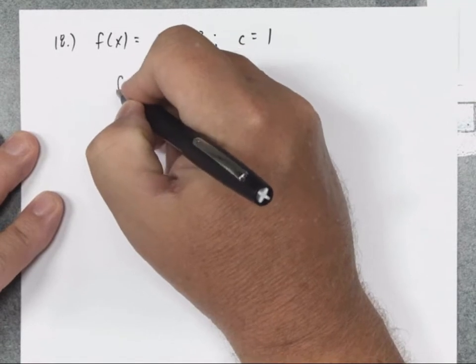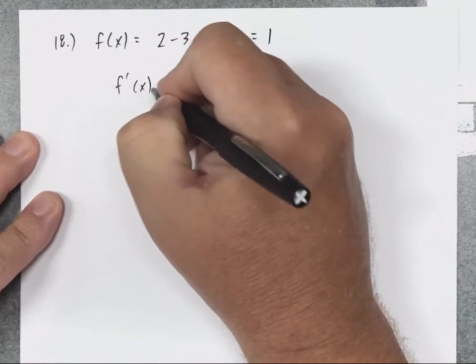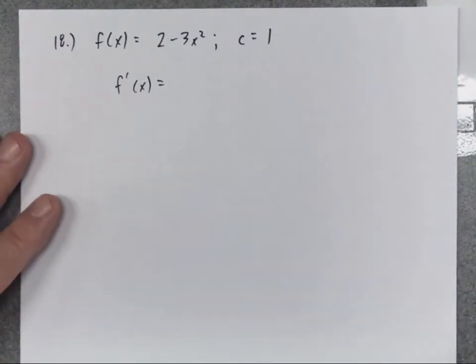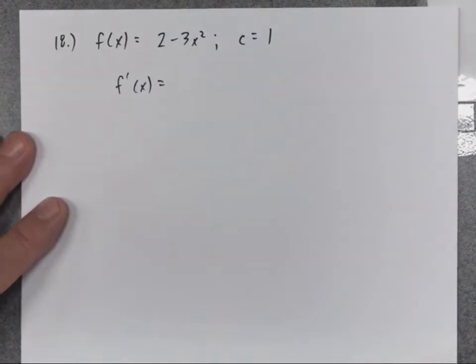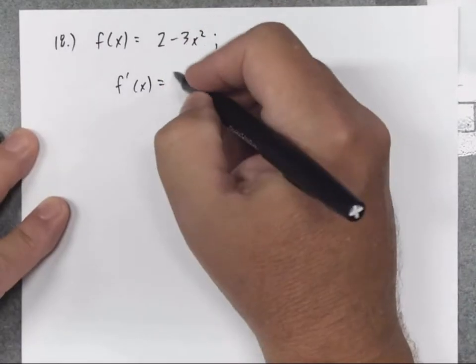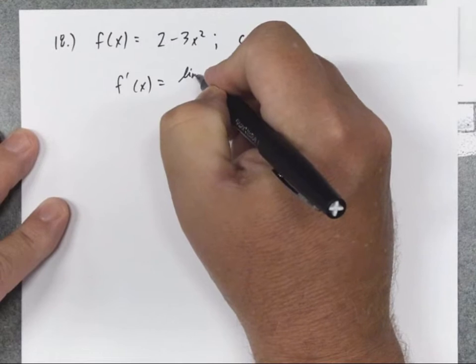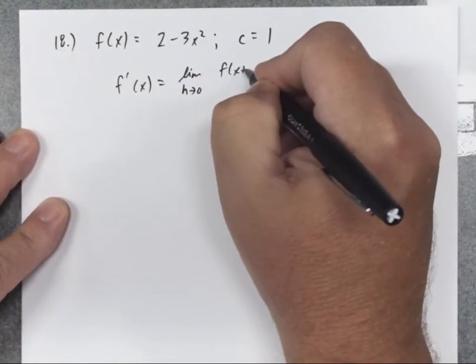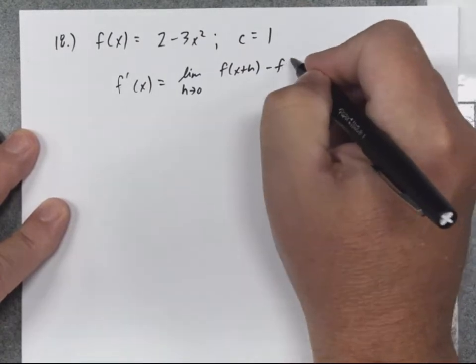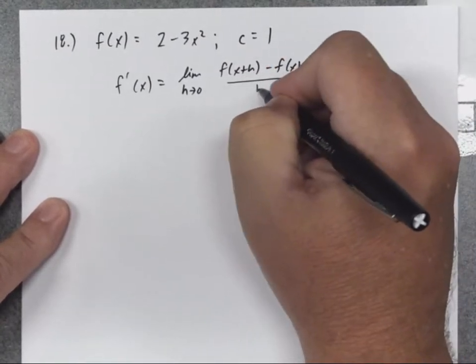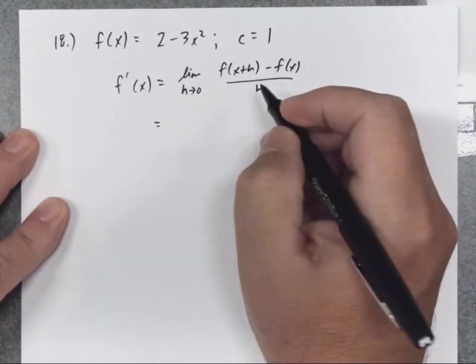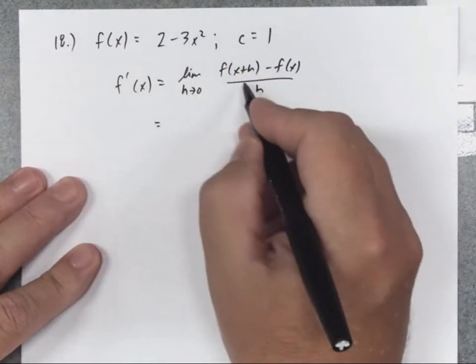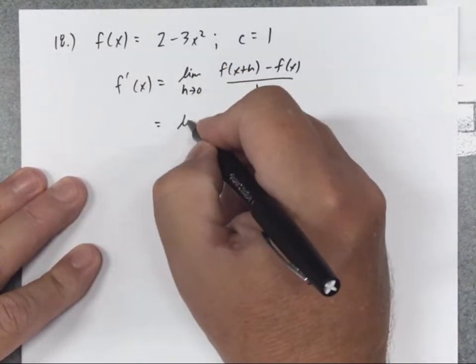All right. Once again, just to make it very clear, we have a formula to find the derivative of a function. It's the limit as h approaches 0 of f of x plus h minus f of x over h. So once again, based upon this function, let's fill in all this stuff.